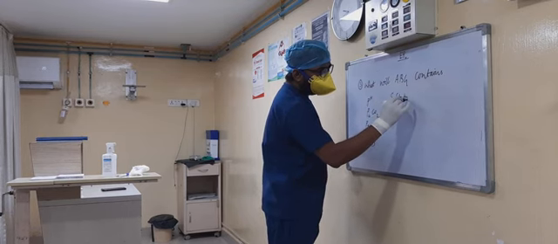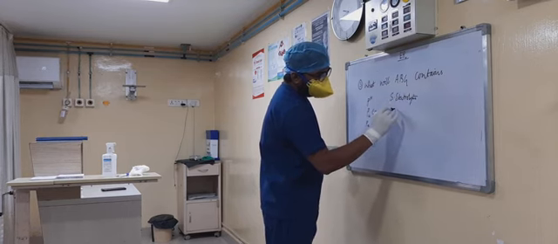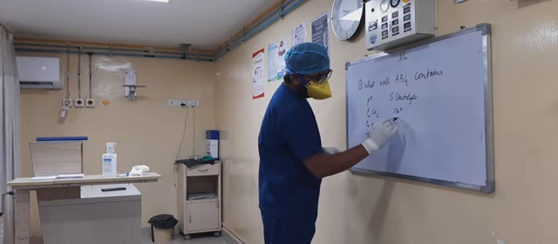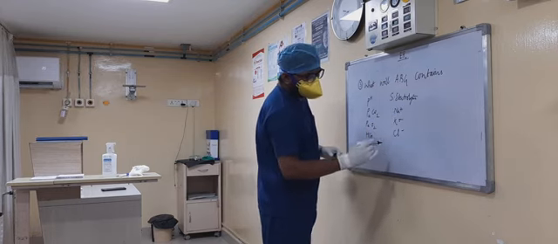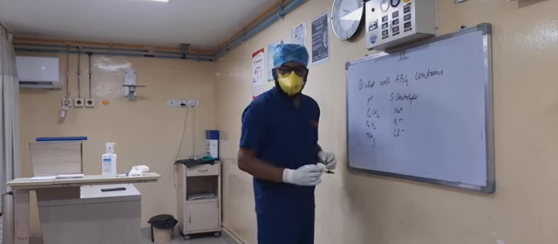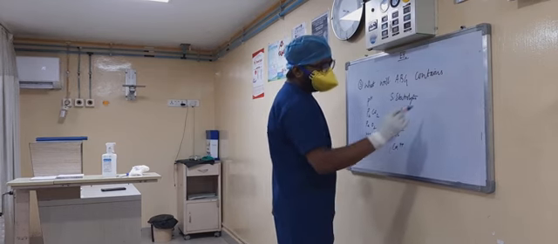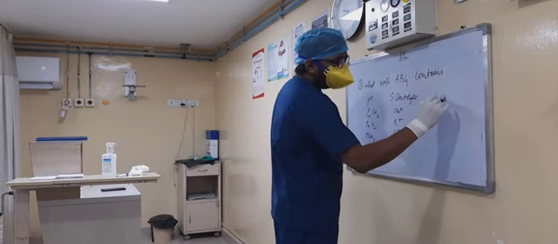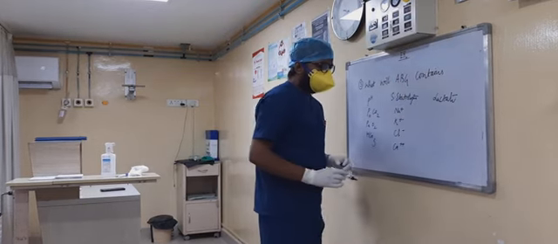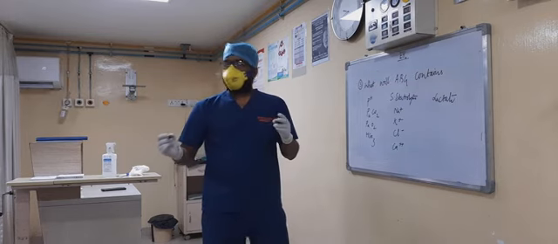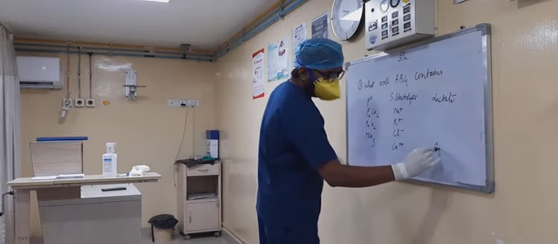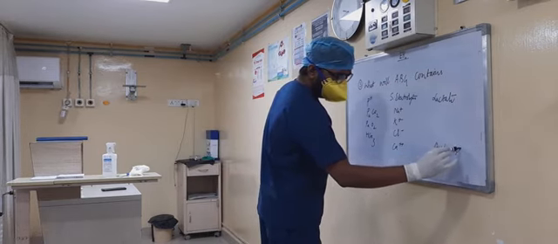What are the serum electrolytes? Sodium, potassium, chloride and calcium, serum calcium. Okay? Lactate. Okay? So, any other things? Anion gap. Okay?